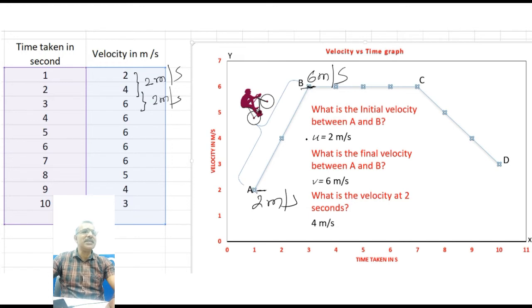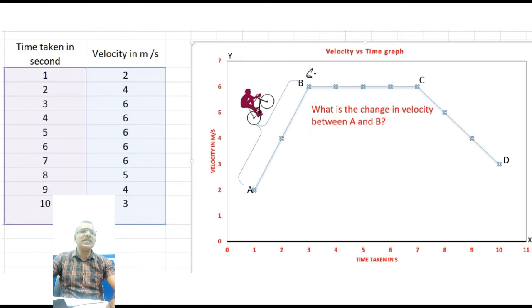Now the next question is, what is the change in velocity? So 6 meters per second minus 2 meters per second will be the change in velocity. That is, final velocity minus initial velocity is the change in velocity.